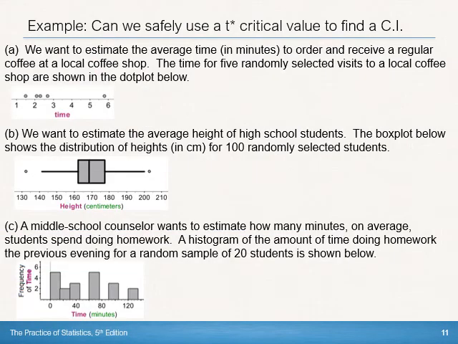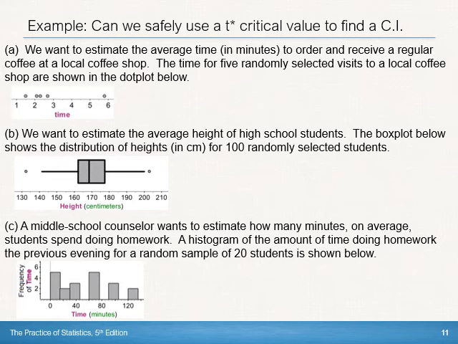All right, here are 3 examples that we want to investigate as to whether or not we can proceed. This is checking the third condition, the normality of our sampling distribution. We don't know in any of these cases whether or not the population is normal, so we'll have to investigate the shape of the data in some cases to see whether or not we can proceed.